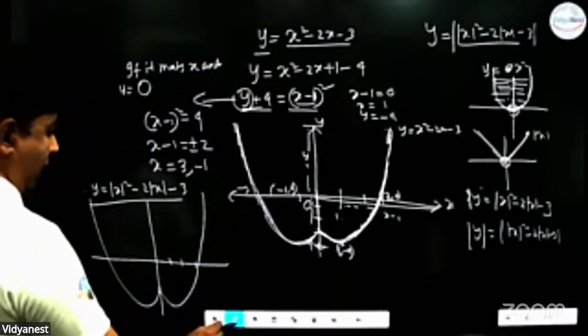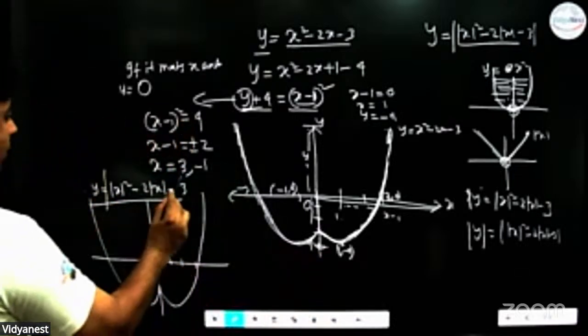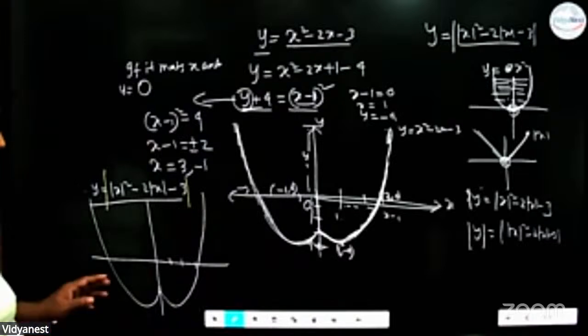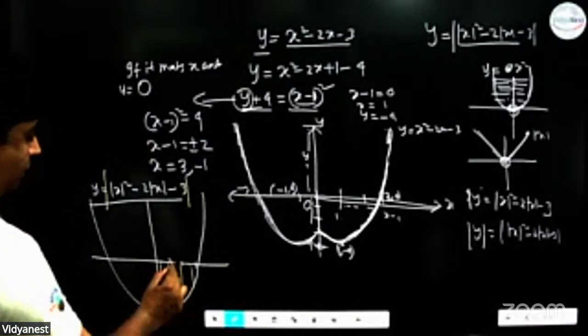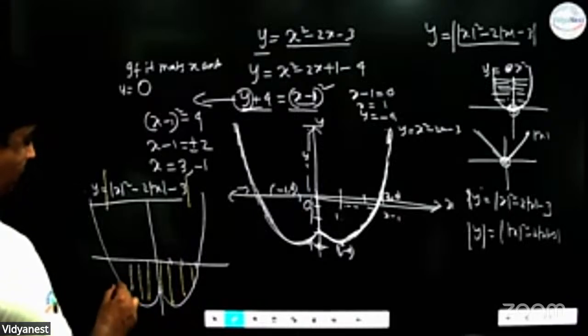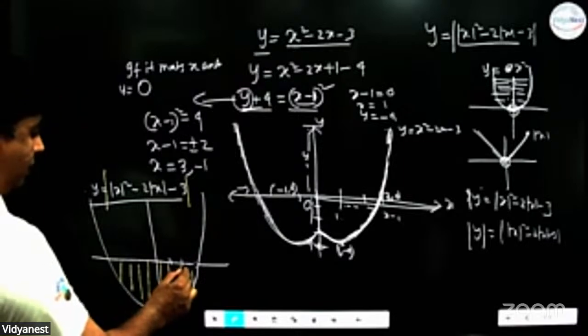Now if I put another modulus, then the lower part that lies below the x-axis will come in the upper part by the rule of symmetry.